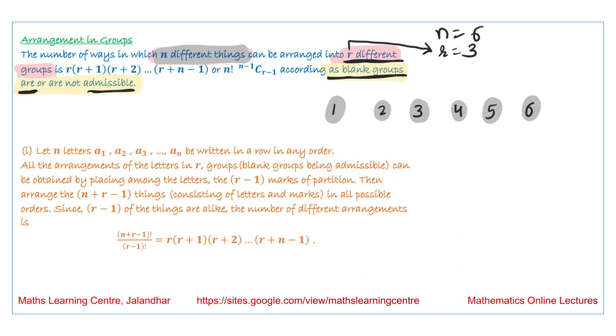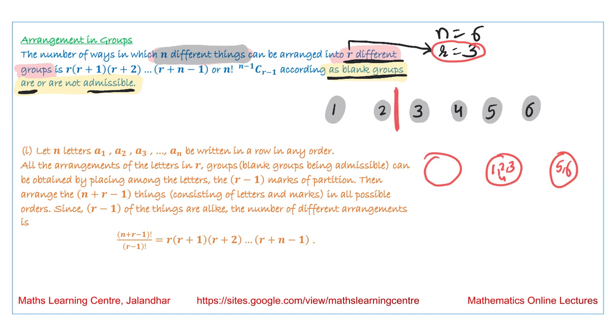So I have to arrange these in 3 groups. The first group may be empty, the second may contain 1, 2, 3, 4 and the next will contain 5 and 6. If we are arranging them in groups, I have to mark some points here.